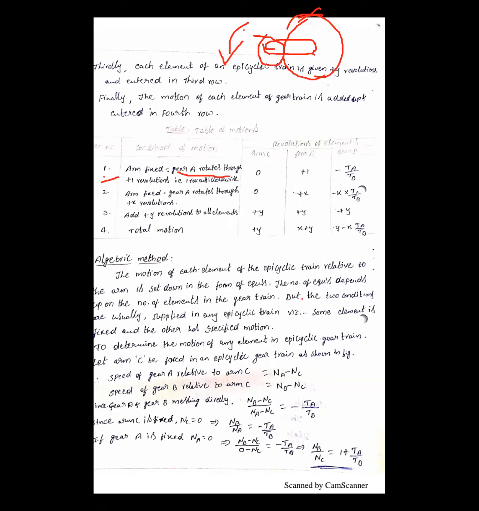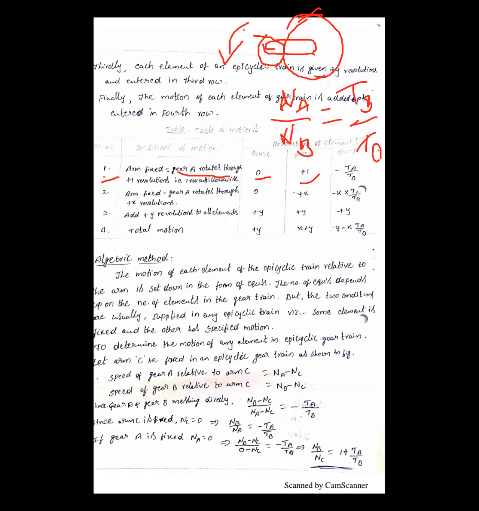And now we have to find out the speed of gear B. So what is the speed ratio? A and B are in mesh. So NA by NB equals TB by TA.